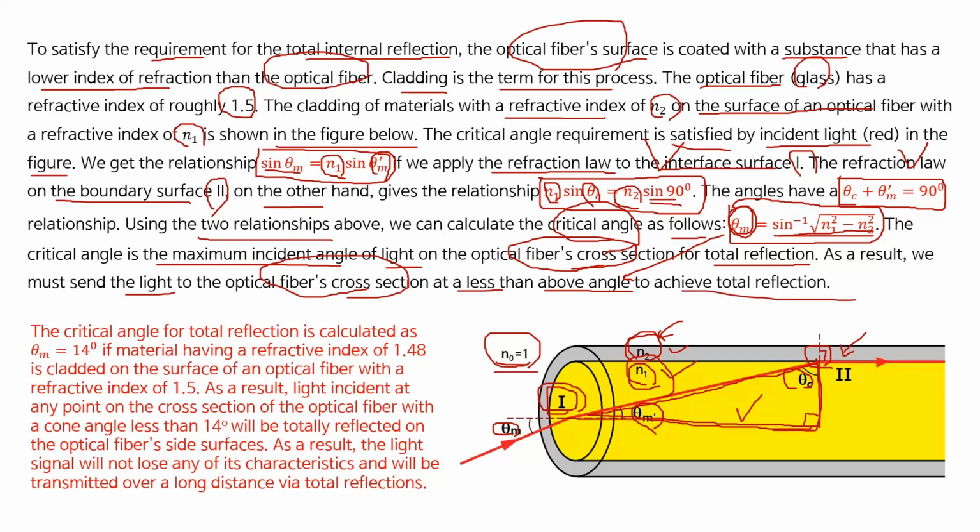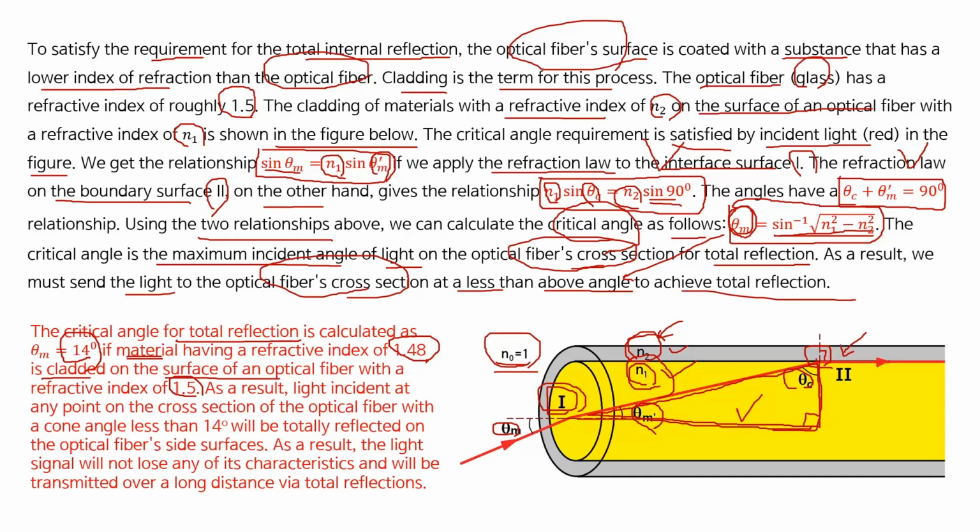The critical angle for total refraction is calculated as 14 degrees if a material having a refractive index of 1.48 is cladded on the surface of an optical fiber with a refractive index of 1.5.